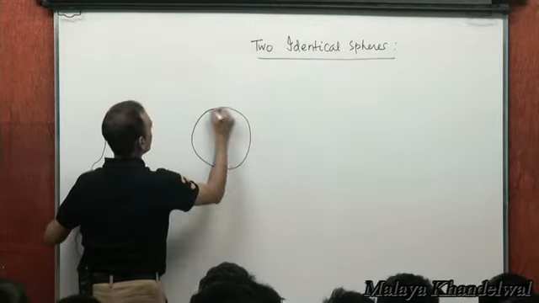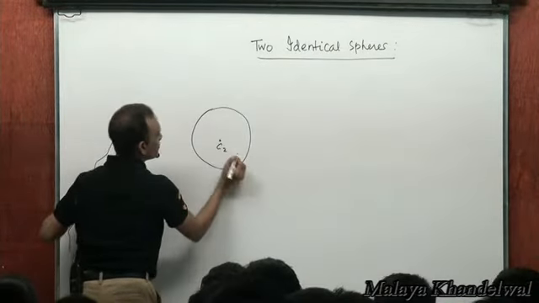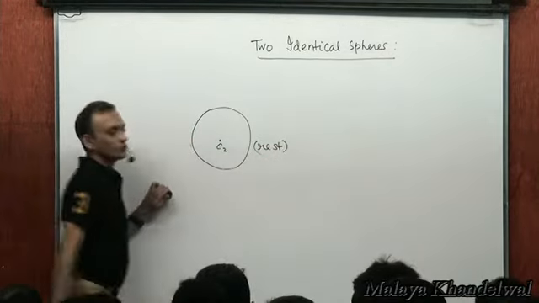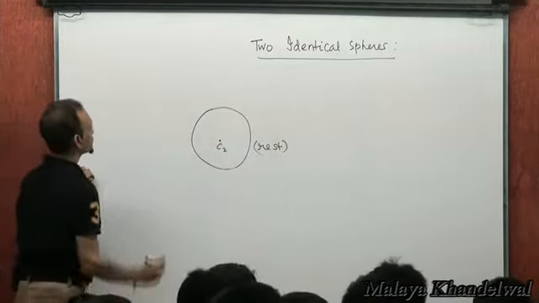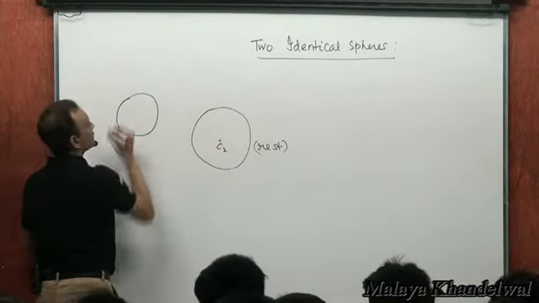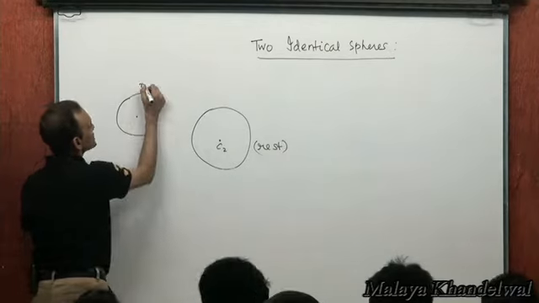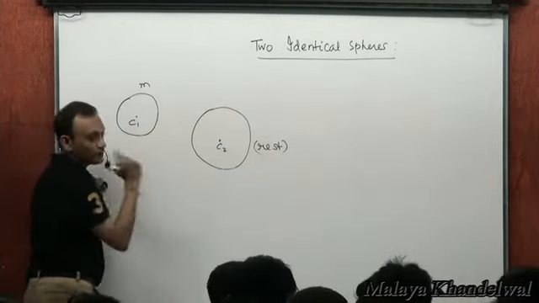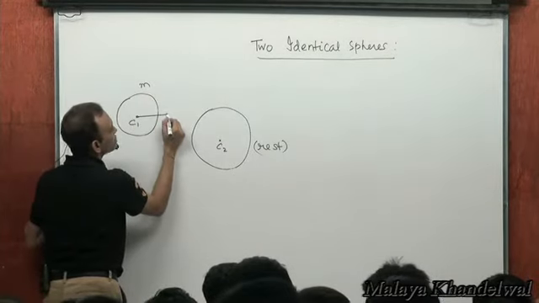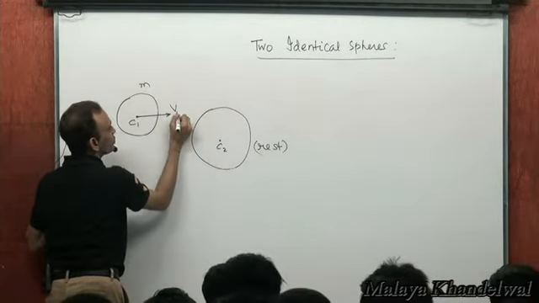This is one with center C2 and say at rest. There is another one, same mass, center C1, and moving in this direction with a velocity v0.